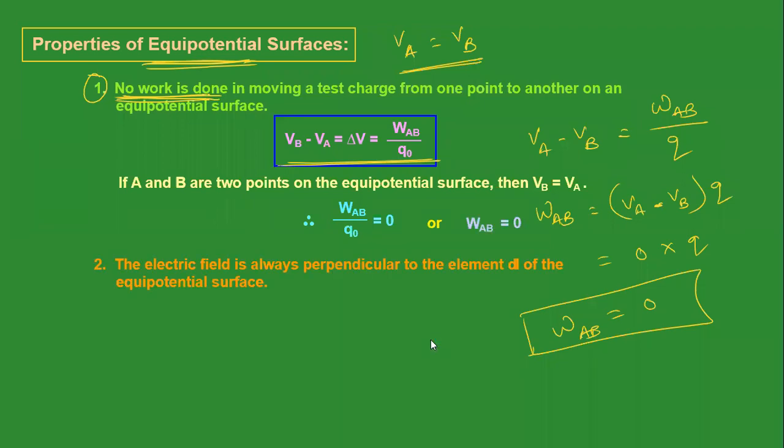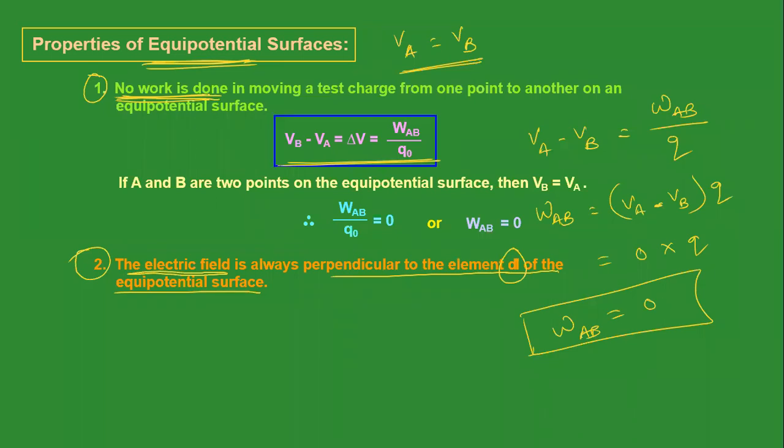Now the second property. The electric field is always perpendicular to the element dl of the equipotential surface, and this dl is basically a length element. So the electric field is always perpendicular to the equipotential surfaces.